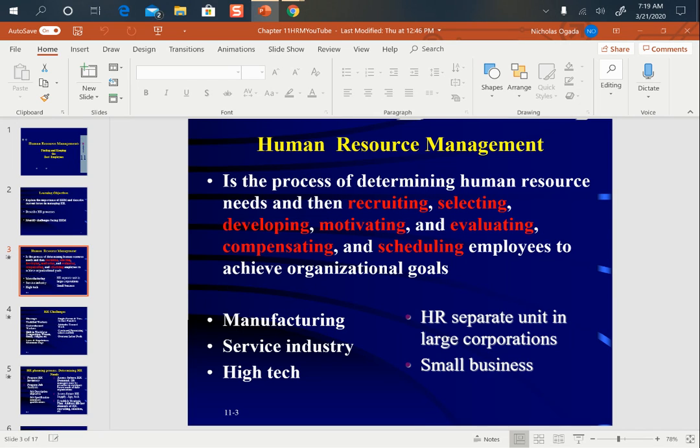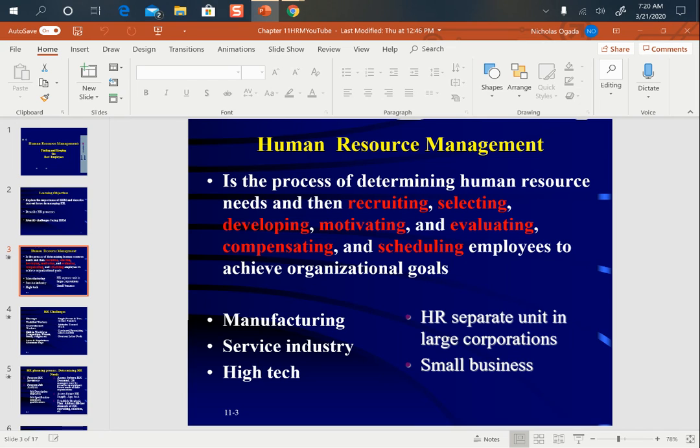In a small business, most likely you'll find a manager for that organization who is the one performing most of these HR functions: recruitment, selection, development, motivating, evaluation, compensating, and scheduling. In a large organization, you'll find they end up having one department, a human resource management department or a personnel department, that will undertake some of these functions, even though some functions will still rest with the individual departments.